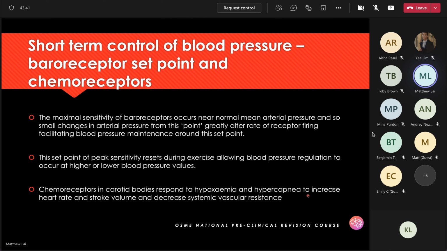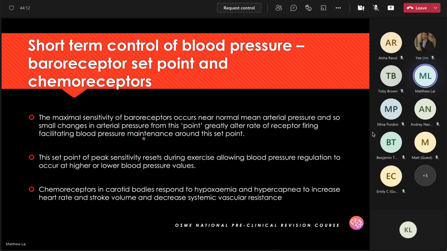And I think these are from the right-hand side of your syllabus, not the left. So these are the extension points. One of which is your baroreceptors actually can reset. So normally their peak sensitivity to change is around where your normal mean arterial pressure is. So small changes in your blood pressure from this normal point greatly alter the rate at which your receptors fire.